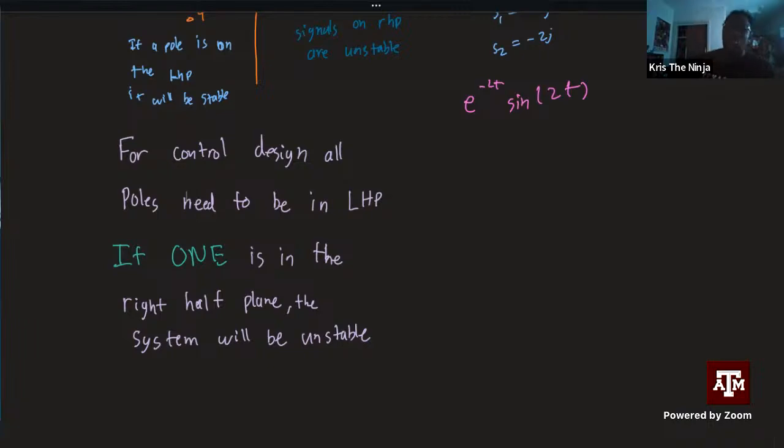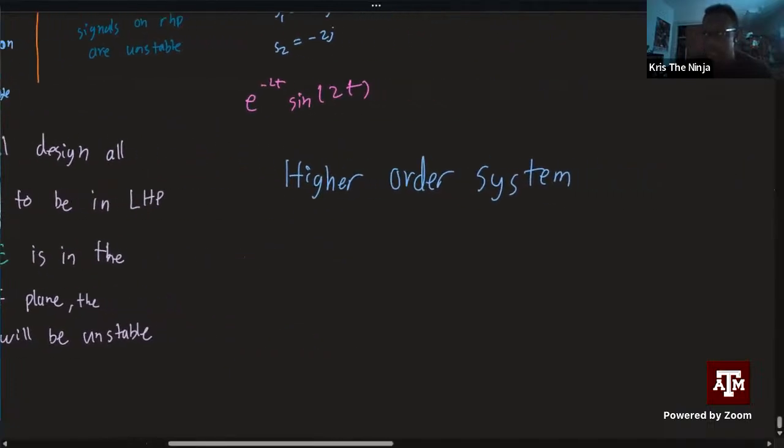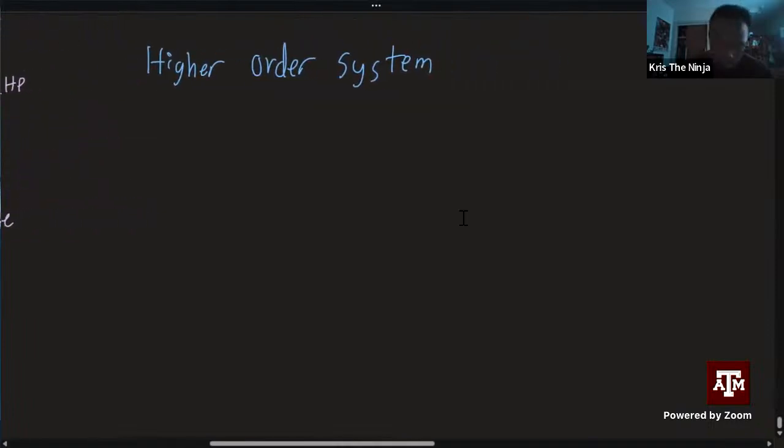So let's just say we have a higher order control system. Let's do it up real nice. We have some type of input that goes into our controller.